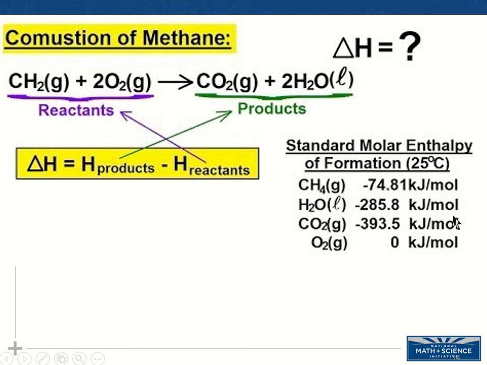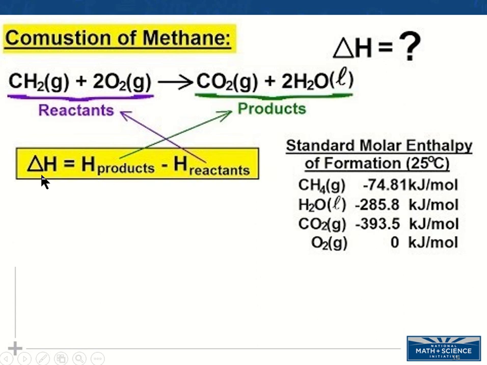I will send it in the class files, and it will give you the molar enthalpy of formation so that you can find that. On the first sheet, I also have made a list of those molar enthalpies. These have been calculated experimentally, and they're available in many charts, so I will give you those numbers to help you out. Notice that these are per 1 mole. So again, this has 2 moles of water, so we're going to have to multiply the number here times 2.